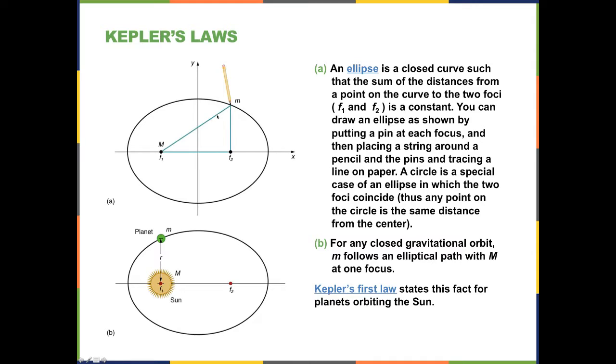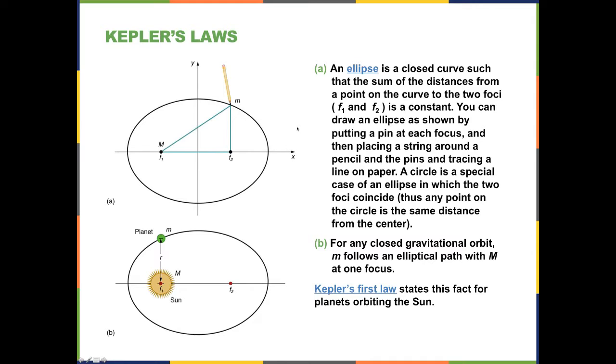But if you add the distance from M to F1 and the distance from F2 to M, that will always be a constant. The way you do that is you have a string of constant length. You put the pencil in and you just start going around, and the individual distances will change, but the sum will always be the same.